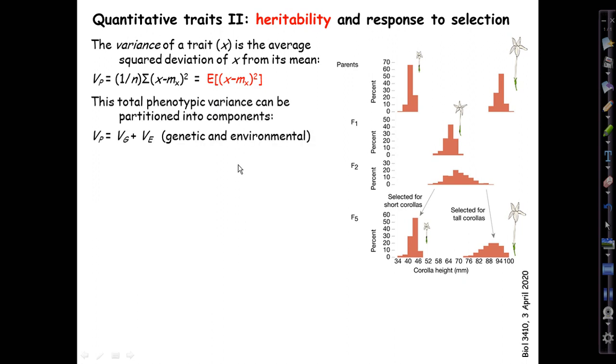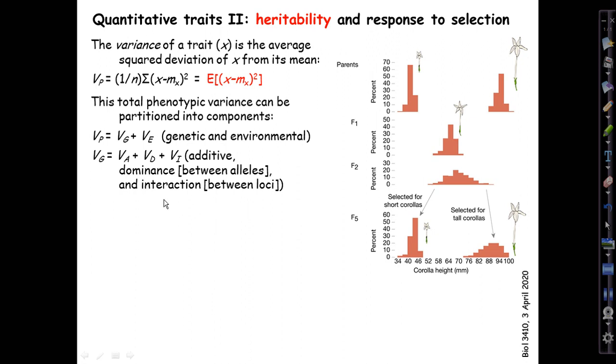As we saw, the total phenotypic variance can be partitioned into components, the first split being that V sub p breaks into the genetic and environmental components, and then the genetic component is importantly further subdivided into the additive and other components.